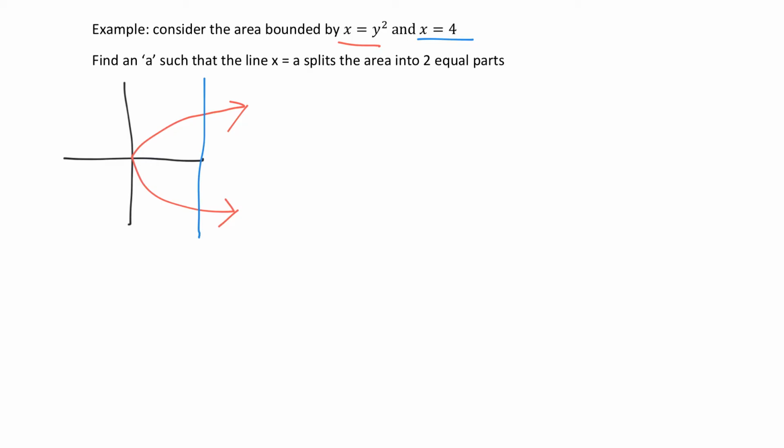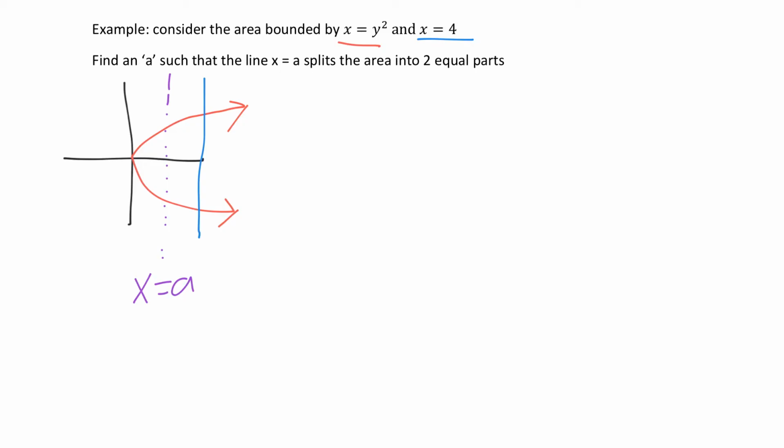We want to find some number A, so we're looking for some number A here, such that x equals A, if we were to cut that shape right there, the area on the one side would be equal to the area on the other side.